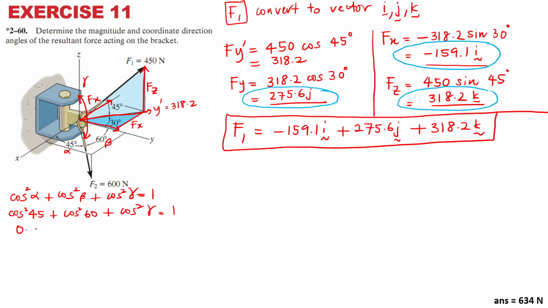0.7071 squared plus cos 60, 0.5 squared plus cos squared gamma.